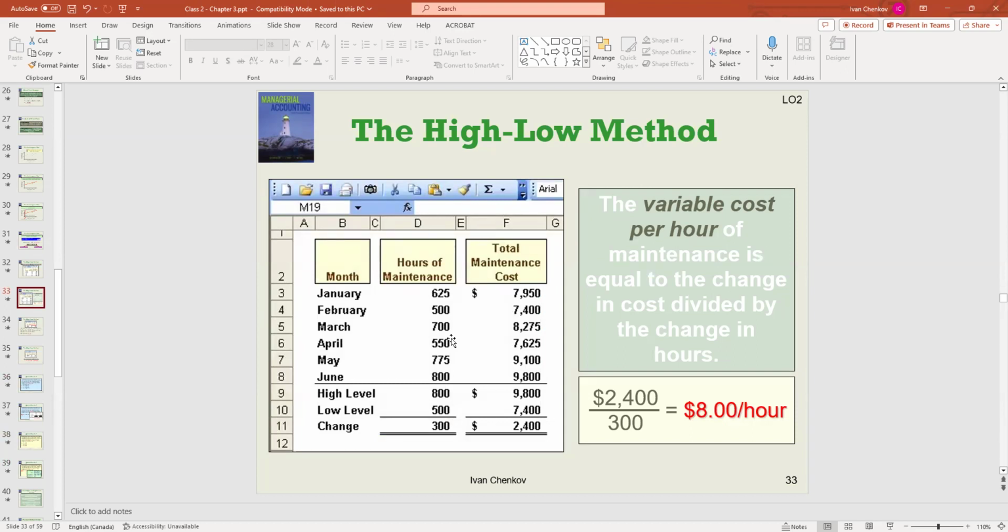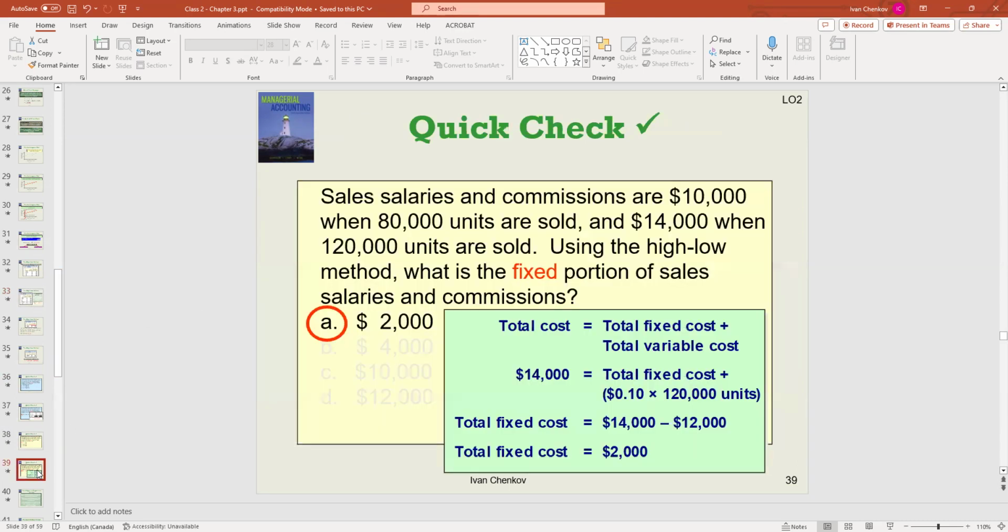This formula is accurate and can be applied only to the highest or the lowest point. If you apply the formula in April, you're not going to get this result. If you apply the formula in May, you're not going to get this result. So don't do it. Only the highest point and lowest point. That's it. And then use it for prediction.